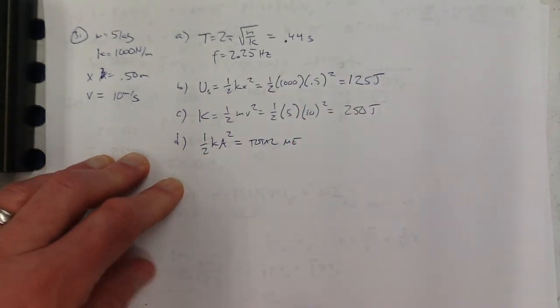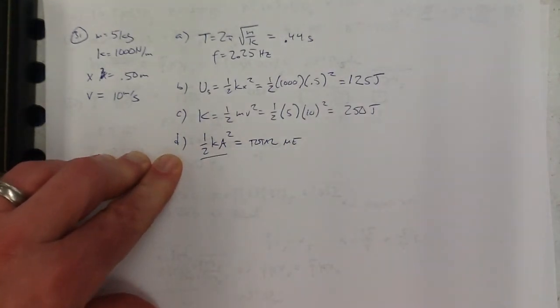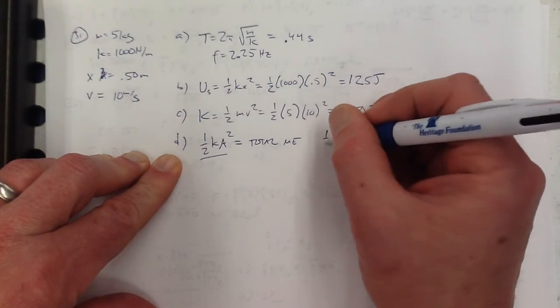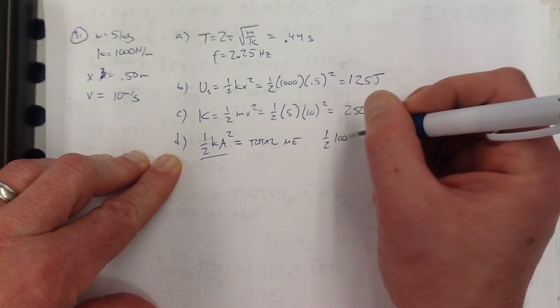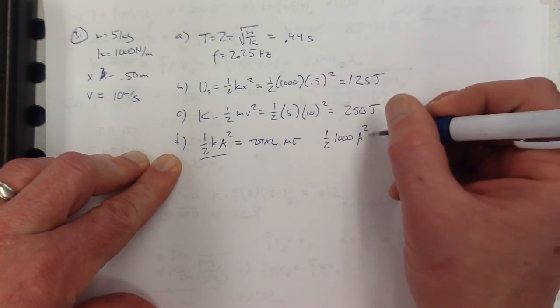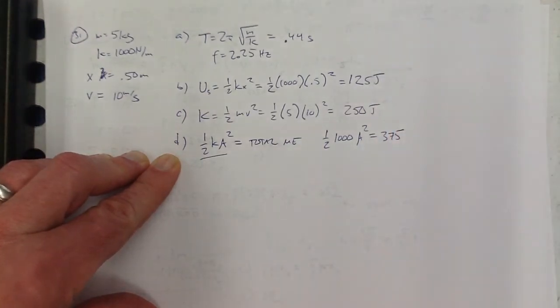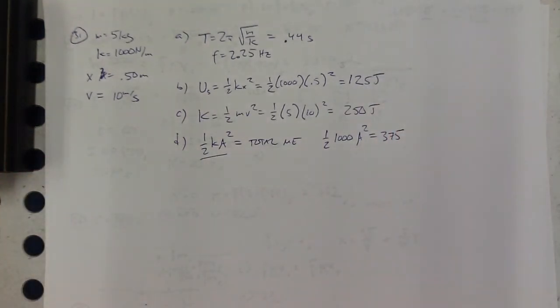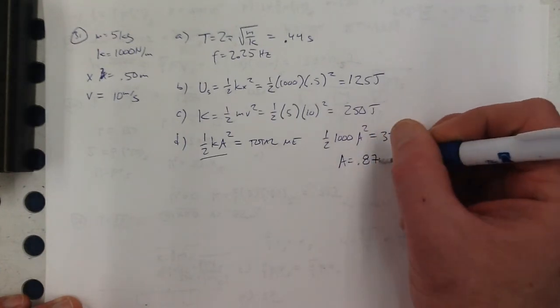Where the turnaround point, that's going to be where the velocity is 0 and all the energy is potential. So 1/2 k a squared, total mechanical energy is 375, right? Sum of those two. And let's see, so it's the square root of 375 over 500, that's about 0.87 meters.